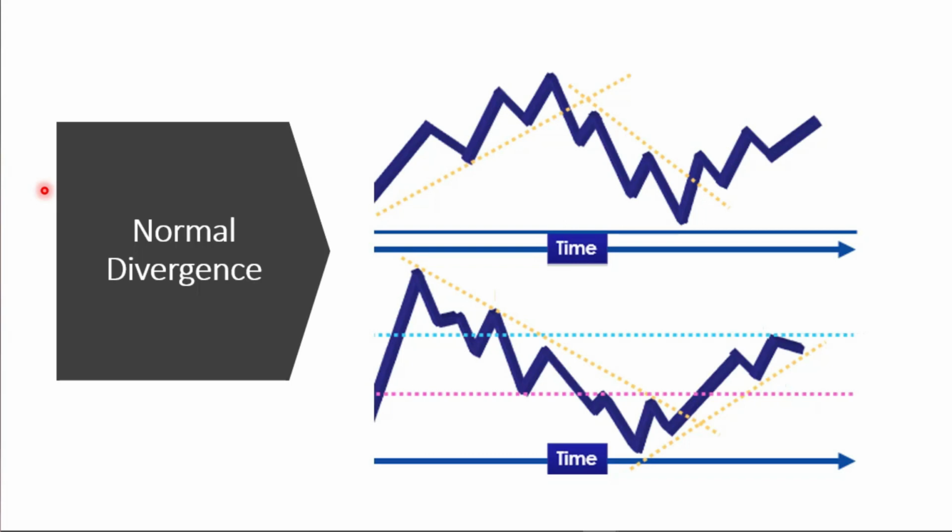A normal bullish divergence is created when the price, again, of either the stock or the underlying market or an industry or a sector makes a series of higher highs, seemingly indicating to the naked eye that the, in this case, uptrend is strengthening. However, an indicator, sometimes an oscillator like the MACD or stochastics or RSI, is doing the opposite.